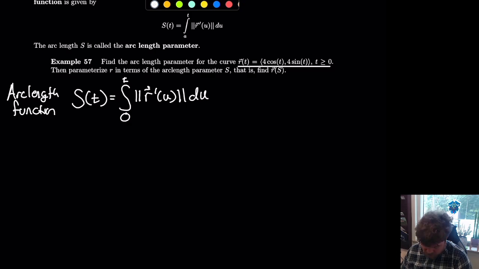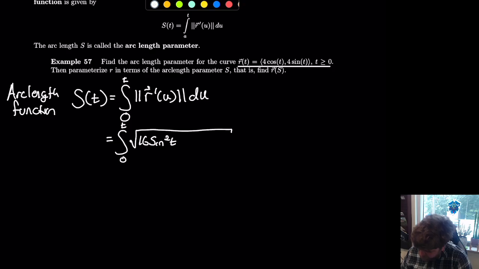Right. So if we go through and plug everything in, we'll be left with the integral from 0 to t. Our magnitude of r prime will be the square root of, well, we'll have a 4 times negative sine of t quantity squared, which will be a 16 sine squared of t, plus we'll have a 4 cosine of t quantity squared, which will be a 16 cosine squared of t.